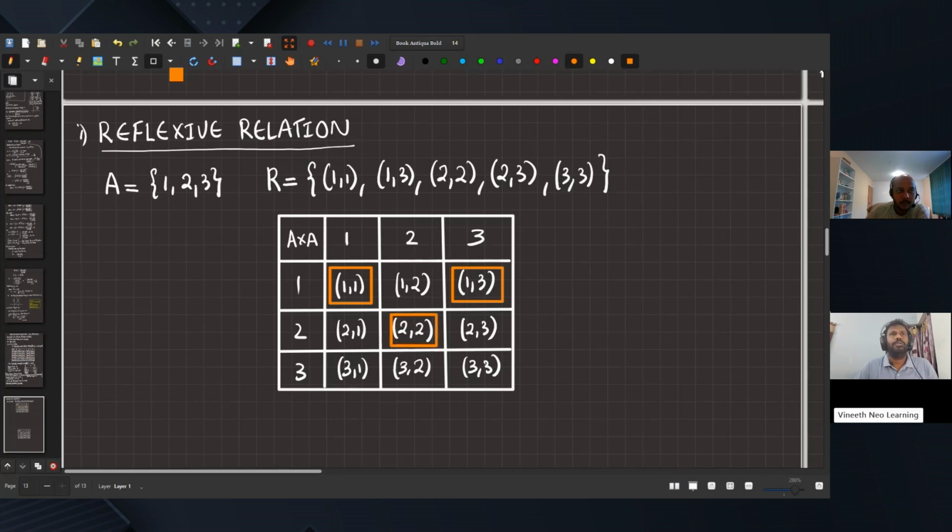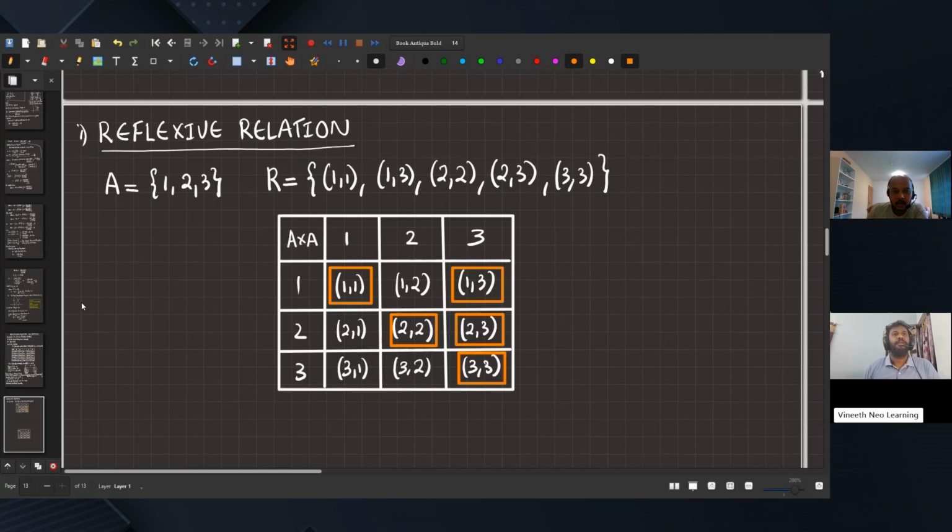Then (2, 3) is present. Then (3, 3) is also present.